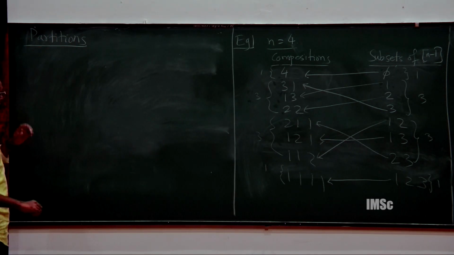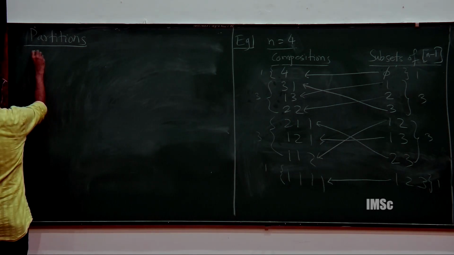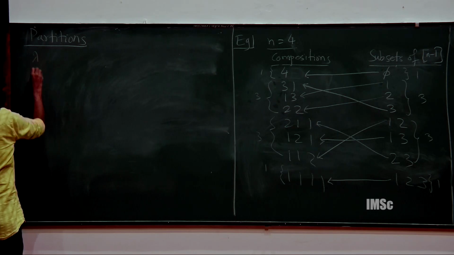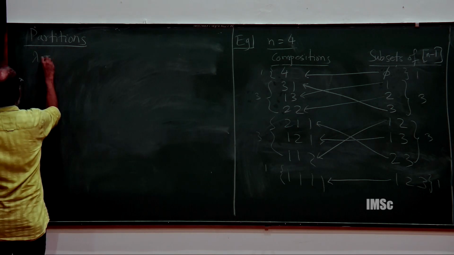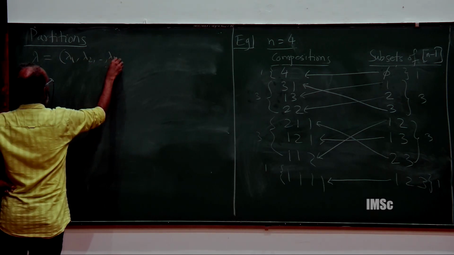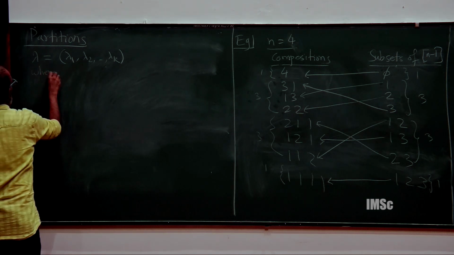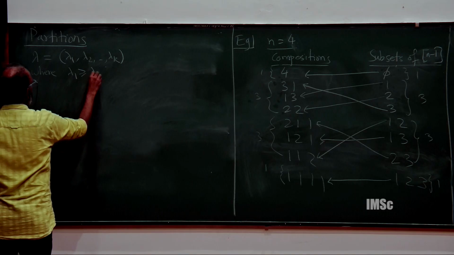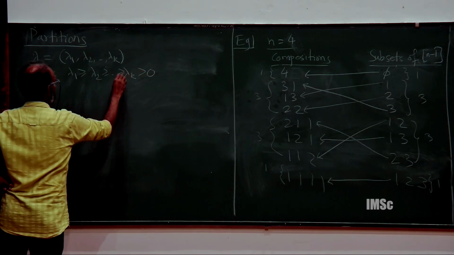Okay, so let me set some notation. We will write a partition in Greek. Usually Greek letters are used for partitions. So we write lambda, which is lambda 1, lambda 2 up to lambda k, where lambda 1 is greater than or equal to lambda 2 is greater than or equal to lambda k is strictly greater than 0.